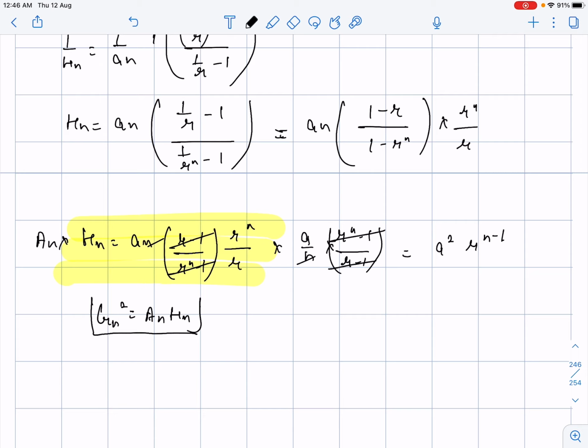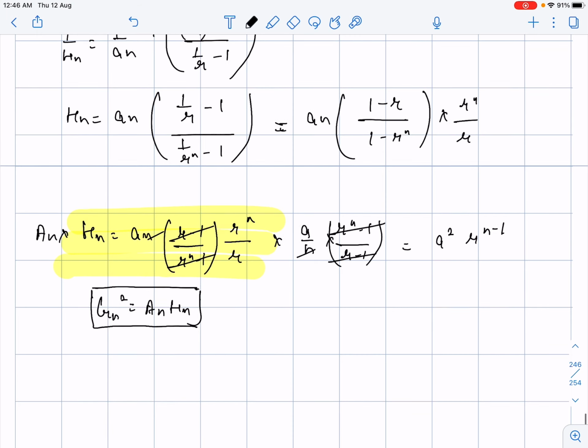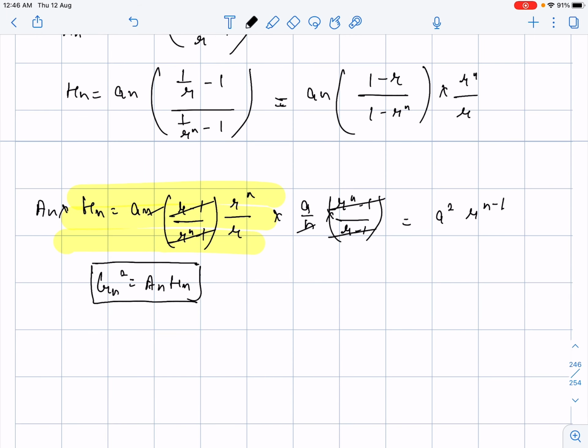With the help of this relation, we'll get the relationship between a1 g1 h1, a2 g2 h2, a3 g3 h3. Making use of this relation, we may write g1 square multiplied by g2 square multiplied by g3 square goes on up to gn square.